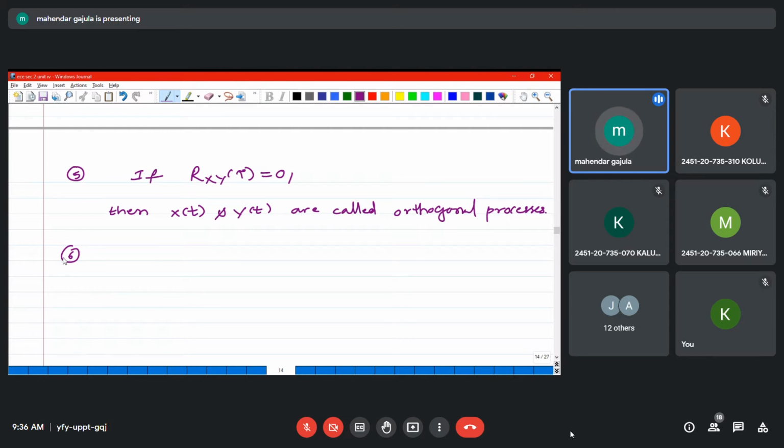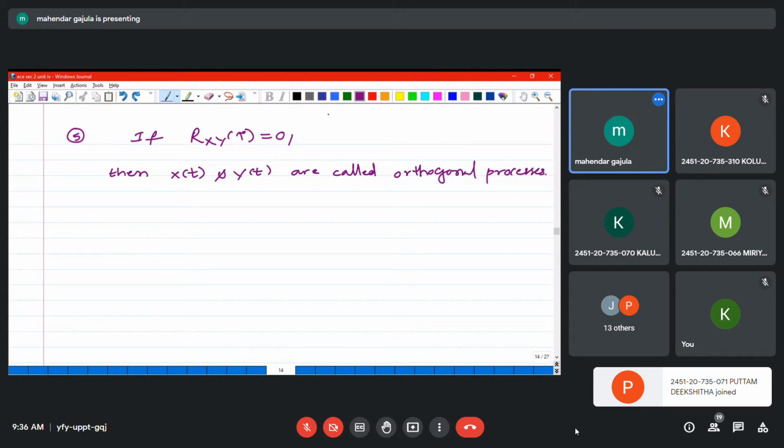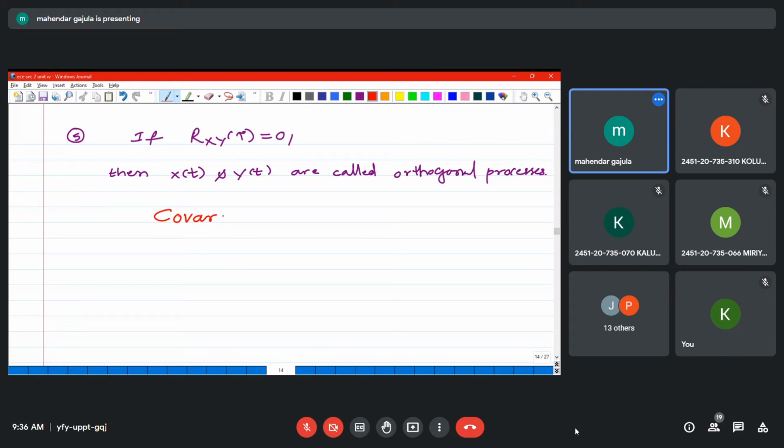This comes under covariance. So let us start another function, the covariance function.